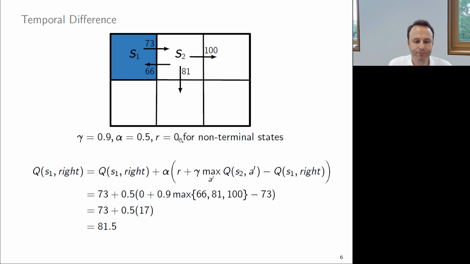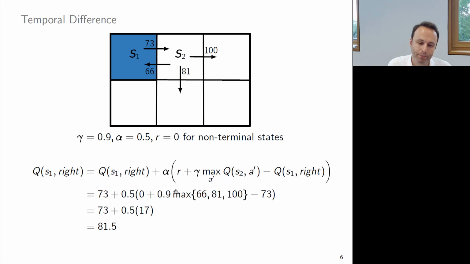So R is 0, plus gamma, the discount factor, which is 0.9, times the maximum of all the possible rewards that we get from doing actions in S2. So what is the best here? We could go down and we get 81, but we could also go right, and that gives 100, and that's also better than going back to S1, the 66. So that's gonna be 100, the maximum of this.